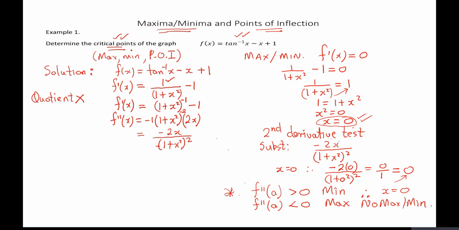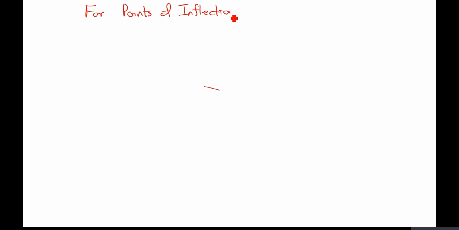Well, we got the first part out of the way. To find maximum, minima, first derivative equal to 0. What about points of inflection? Well, for points of inflection, we need the second derivative to be equal to 0.